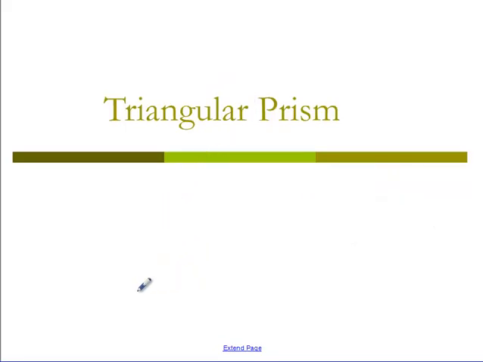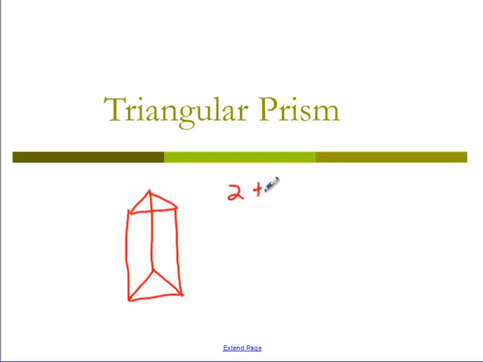Triangular prism has a triangle base, has another triangle base that matches, and then it has the pieces connected. So two triangle bases and three lateral faces.